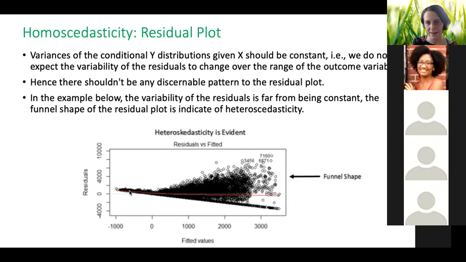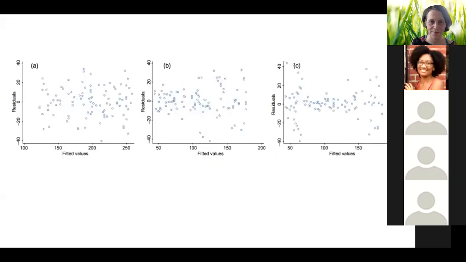So this is a classic example of what I mentioned earlier for a non-rectangular shape, this funnel shape, which indicates that we have heteroscedasticity here, and this is clearly a problem.